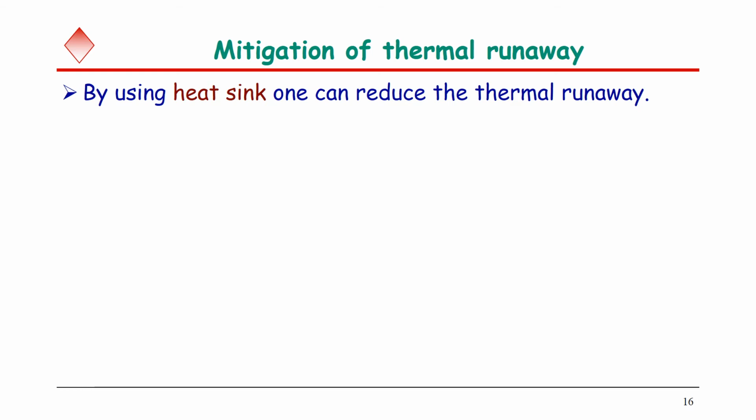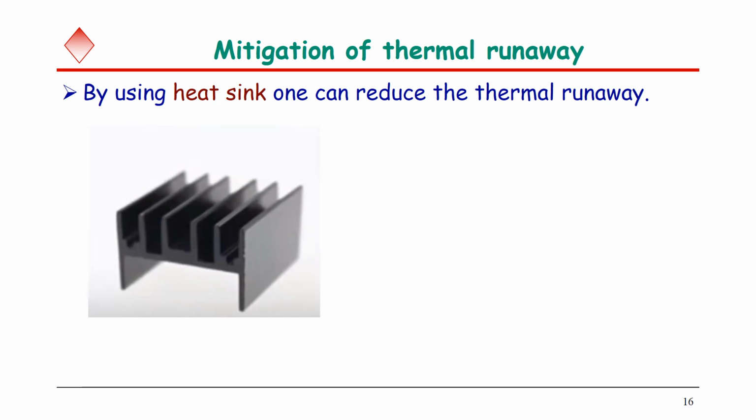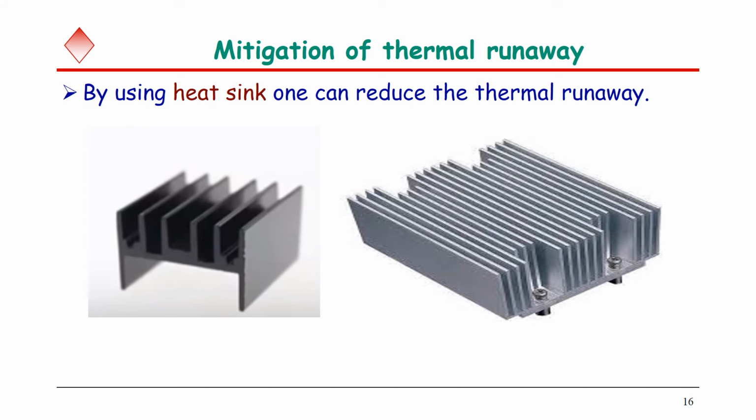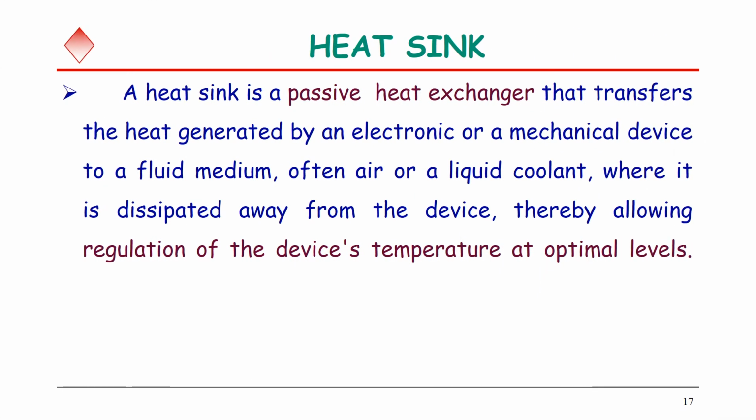The next way to avoid thermal runaway is by making use of a heat sink. These are a few images of heat sinks we use in our day-to-day life. A heat sink is nothing but a passive heat exchanger.